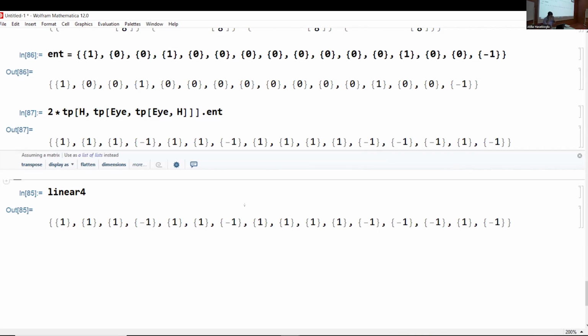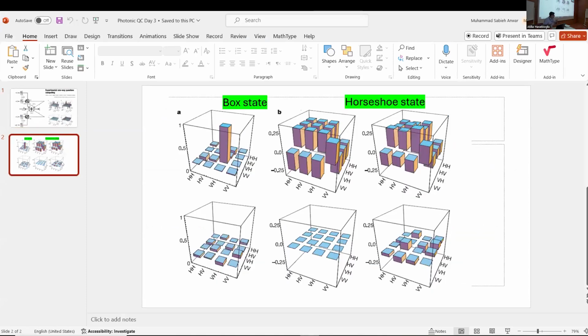I've also shown you through explicit calculations. And in fact, if I were to take the horseshoe state and do the measurement-based quantum computation, I can predict what the final density matrix is going to look like. It will have all of these terms.